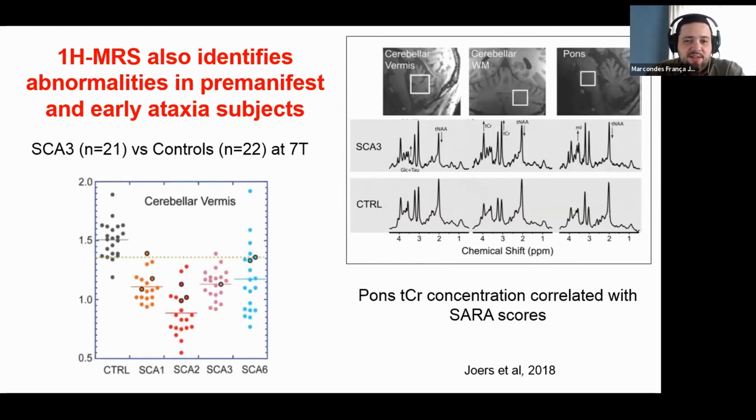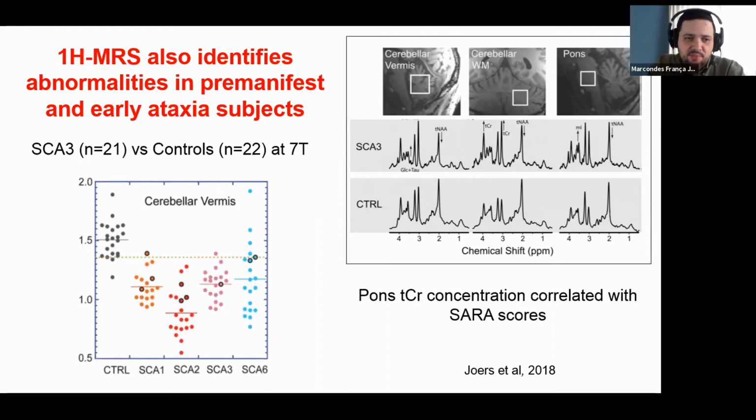And it became quite clear that looking at the cerebellar vermis, cerebellar white matter, and the pons, these patients had actually reduction of the NAA concentrations. And this is quite evident here when you see the dot plot here. So again, showing that patients begin to present structural or functional abnormalities quite early in the disease course.